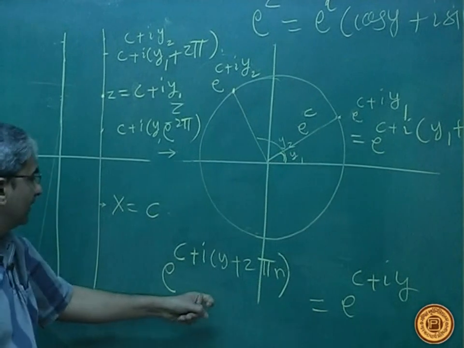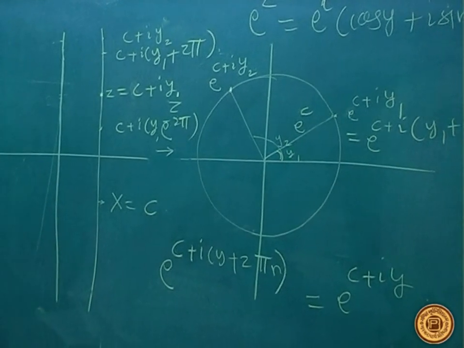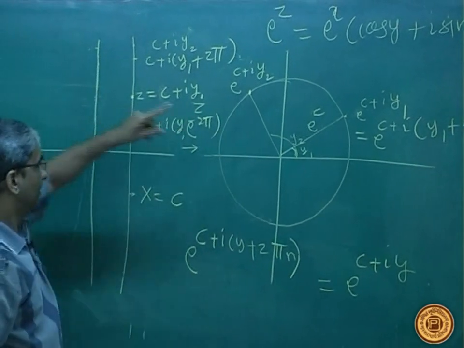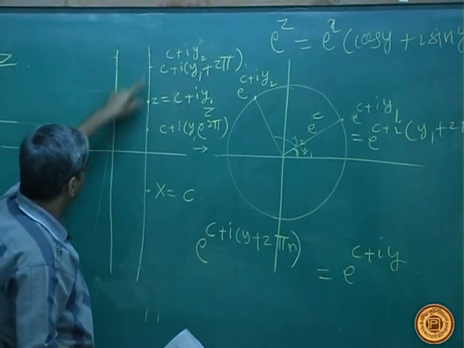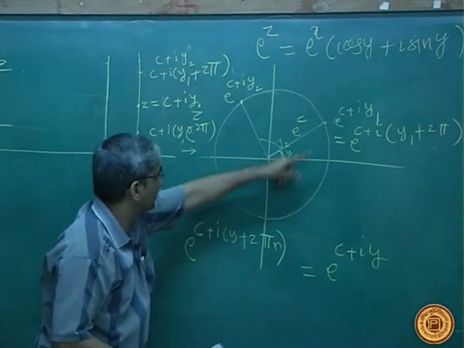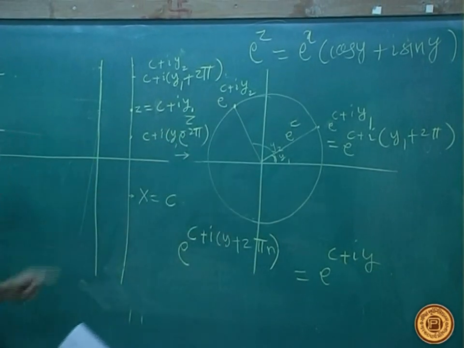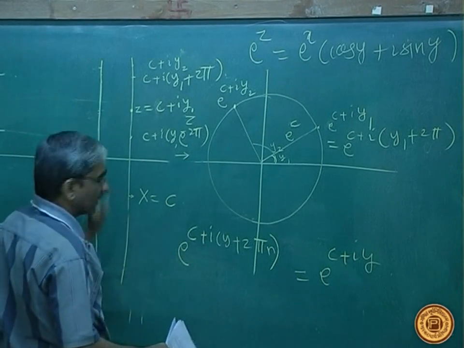That is what I have written here. And importantly, this entire line is wrapped in this fashion around the circle. So the entire straight line is wrapped around the circle. Is this clear? The line parallel to the y-axis goes to a circle.